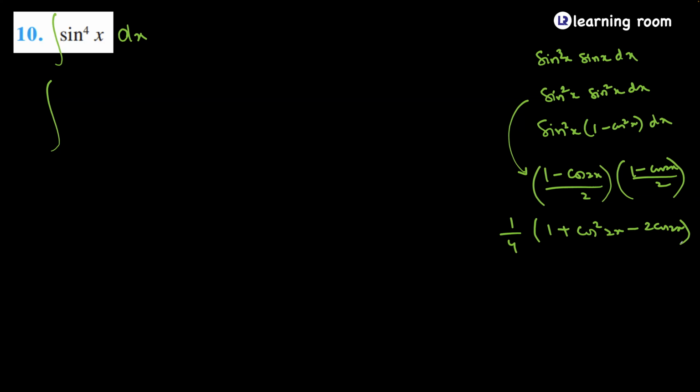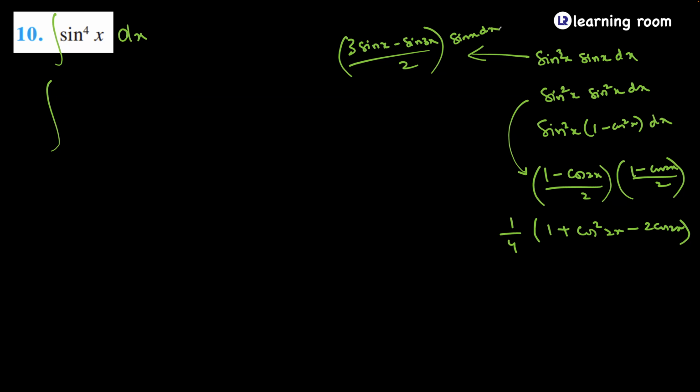Maybe. You wanted to do it as sine cube x into sine x, right? Maybe that would have worked had you written sine cube x as 3 sine x minus sine 3x divided by 2, the whole multiplied with sin x dx.